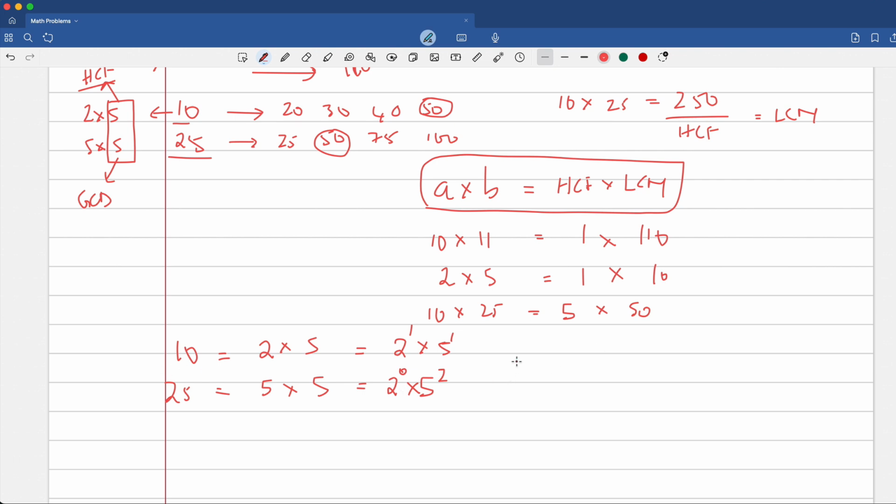So for example, the LCM of 10 and 25 is definitely going to have a multiple of 2 and a multiple of 5. To find out which power of 2 is going to be there, look at the maximum of this. Maximum of 0 and 1 is 1, and the maximum of 1 and 2 is 2. So in other words, it's 2 times 25, therefore it's 50.